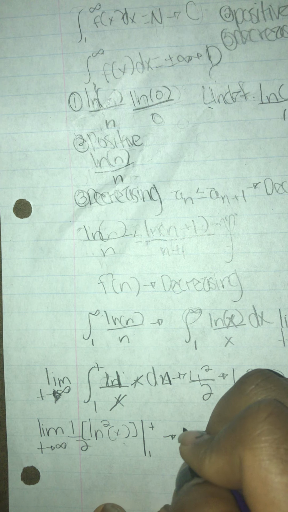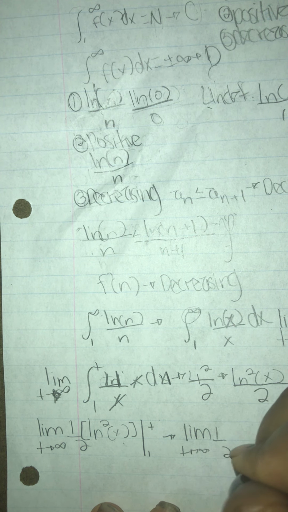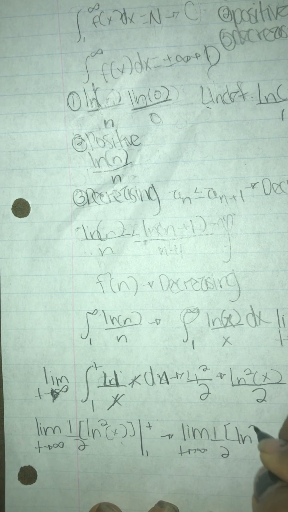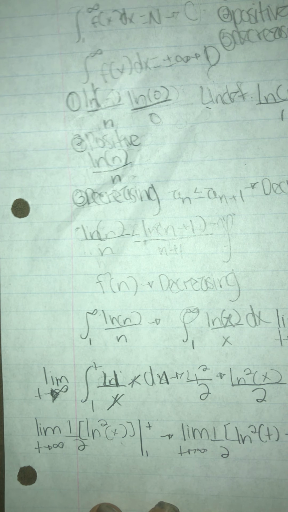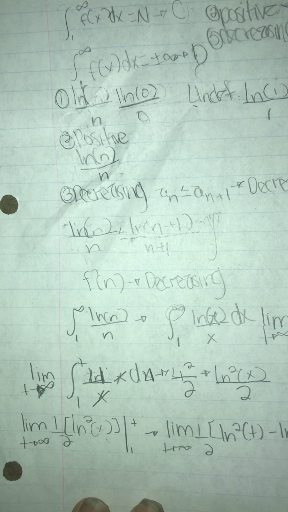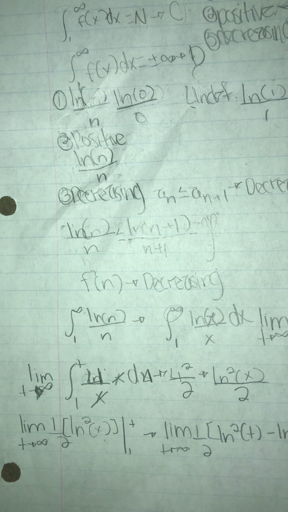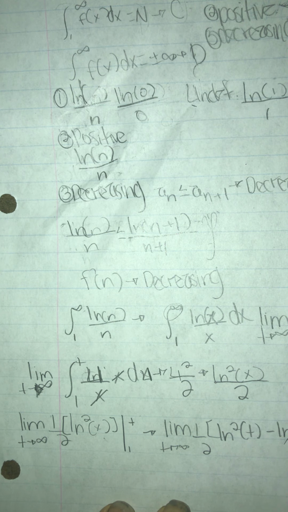And so that gives us natural log squared of t minus natural log squared of 1. And so like how we mentioned in the beginning, natural log of 1 is equal to 0. So natural log squared of 1 is also equal to 0.